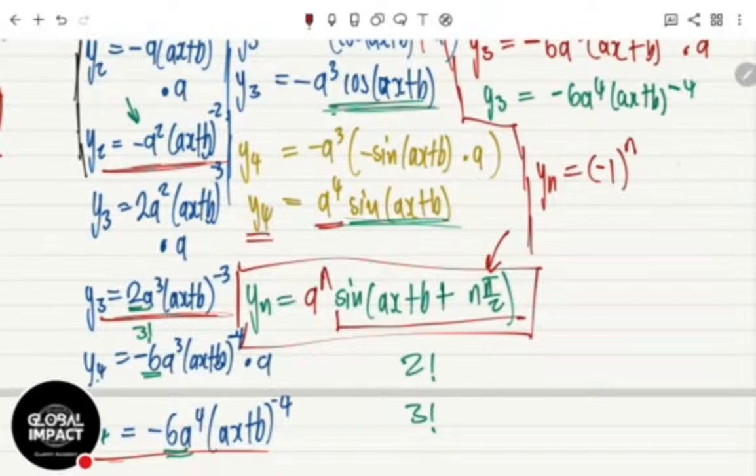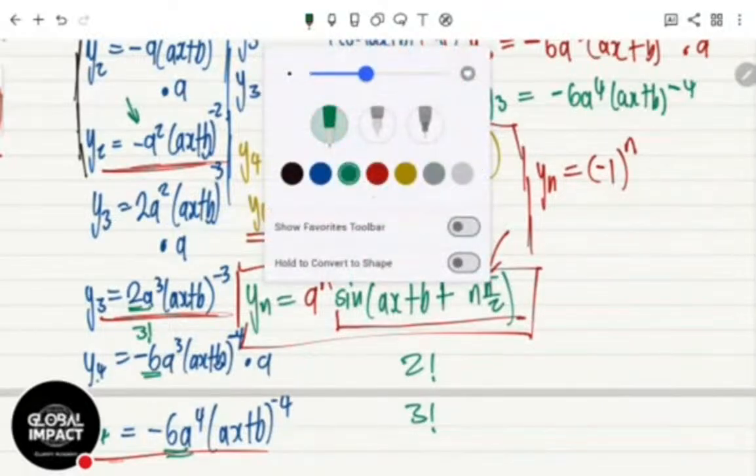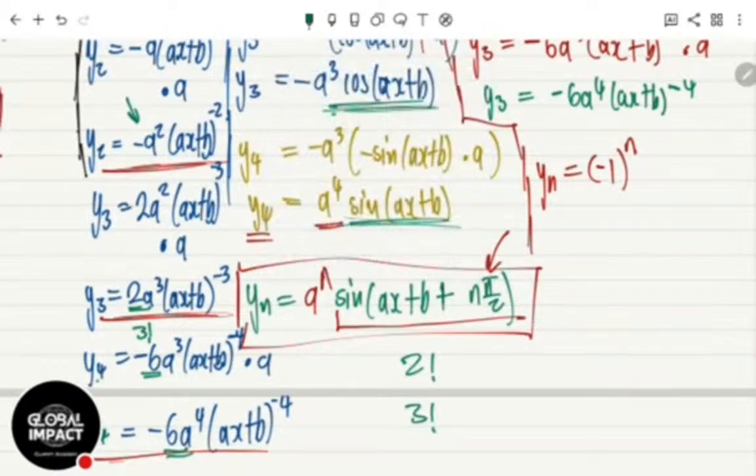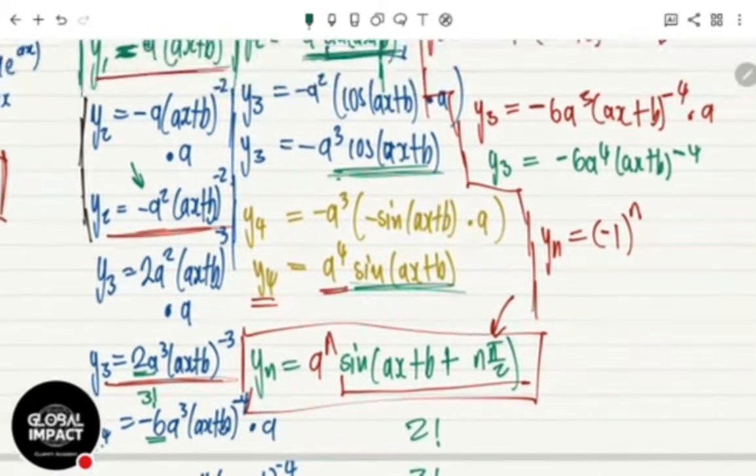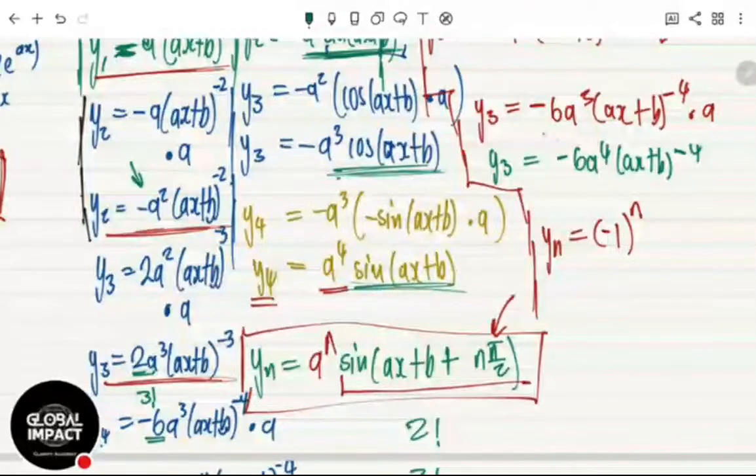So in here, you're going to have your factorial. You are going to see that 6 is 3 factorial. So at 3, that is where we have 3 factorial. So there's going to be n factorial.